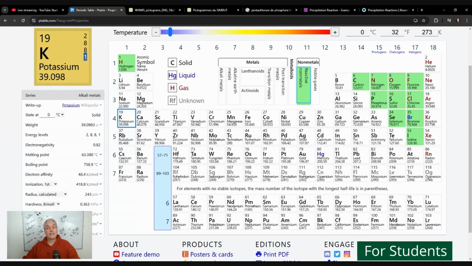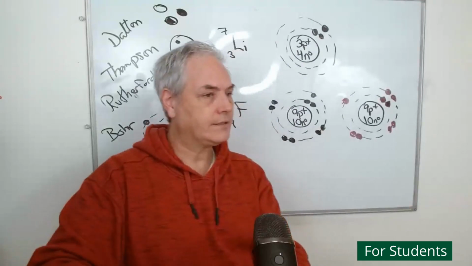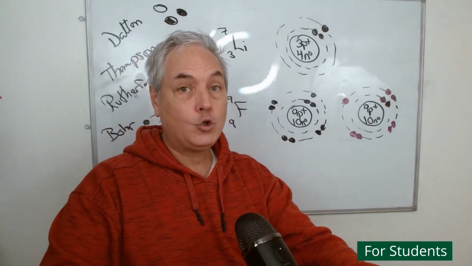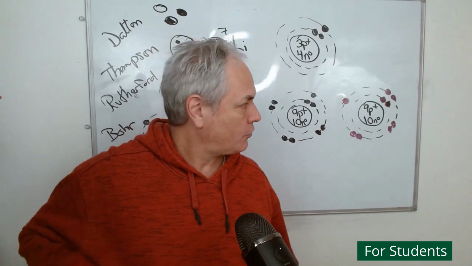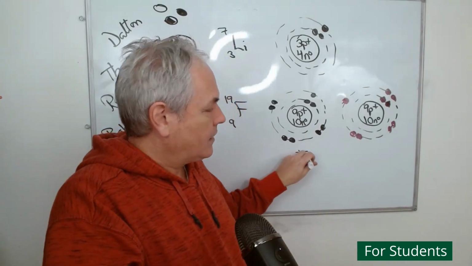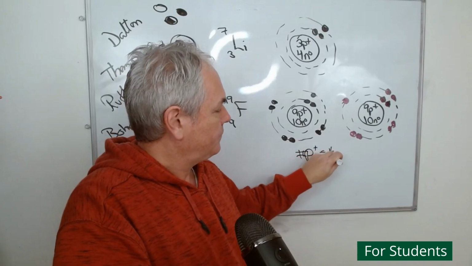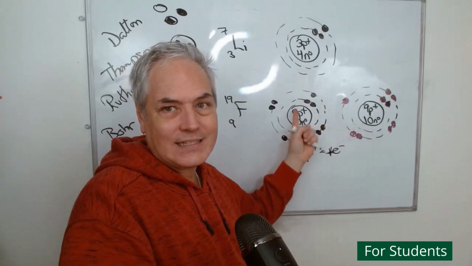What's interesting with the nonmetals, like fluorine here, is what we call the two goals of atoms. The two goals are the following. First, they want the same number of protons as electrons.